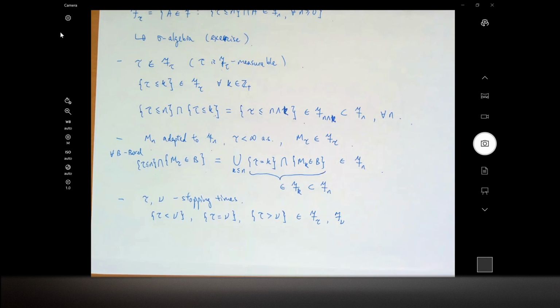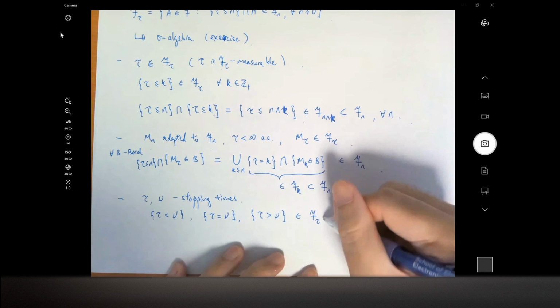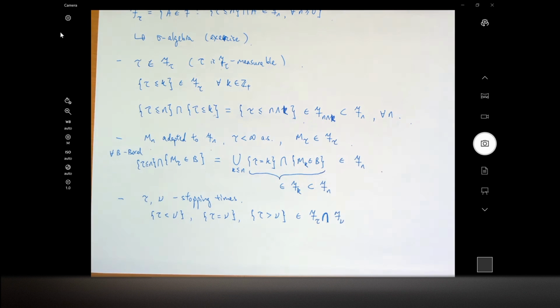So all these events belong to both these sigma algebras. You can write them inside the intersection of these two sigma algebras.